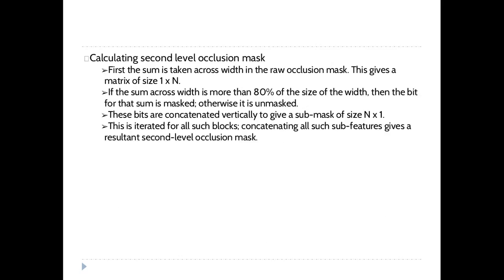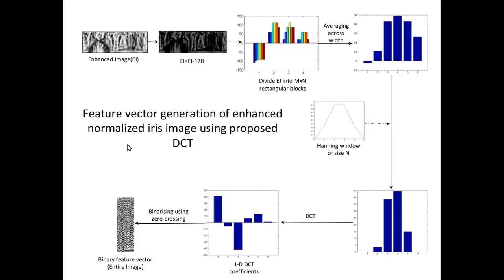I just wanted to use the figure again to explain how we computed our feature vector. This is the enhanced image we just talked of, over which we apply the enhancement that we did before.